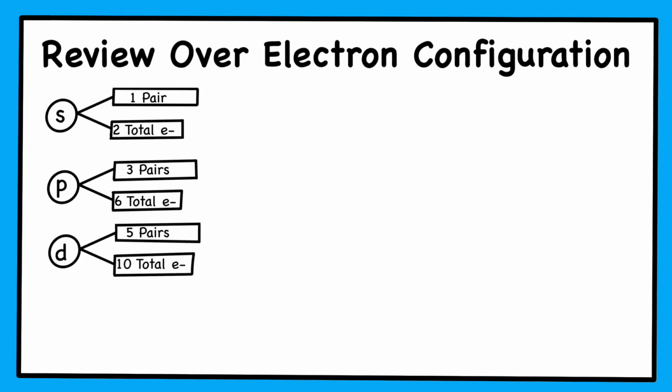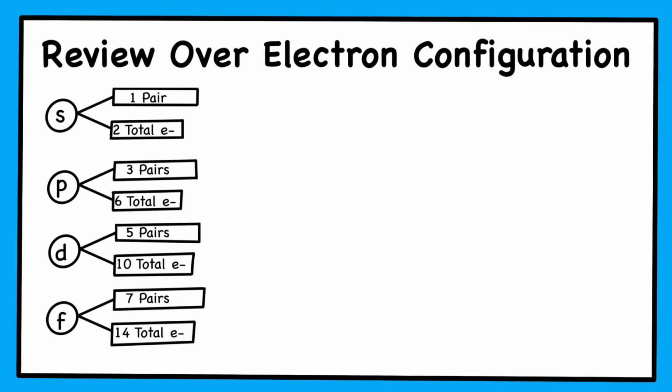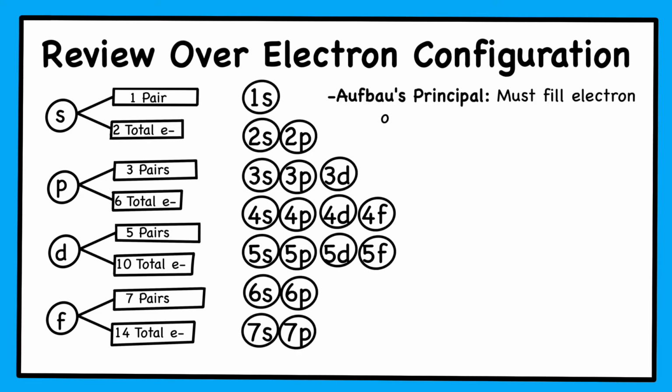The d orbital can hold 5 pairs of electrons spinning in opposite directions. And finally, our f orbital can hold 7 pairs of electrons, so a total of 14 electrons spinning in opposite directions.